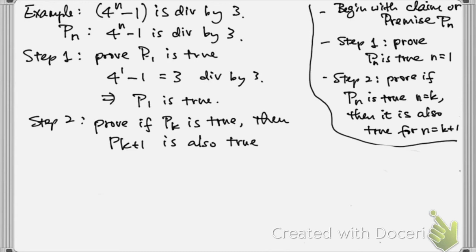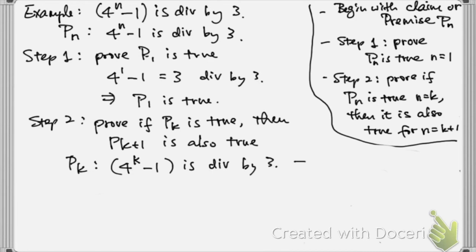Step 2 is to prove that if p sub k is true, then p sub k plus 1 is also true. So we'll start with p sub k. P sub k would state that 4 to the power of k minus 1 is divisible by 3.